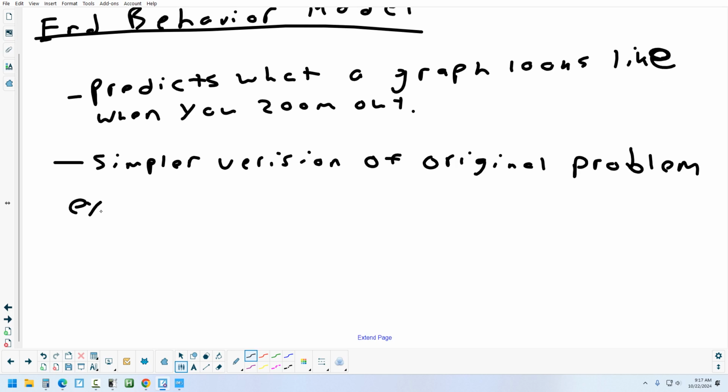So again, let's say you had this formula, 2x cubed minus 7x squared minus 8x plus 16.